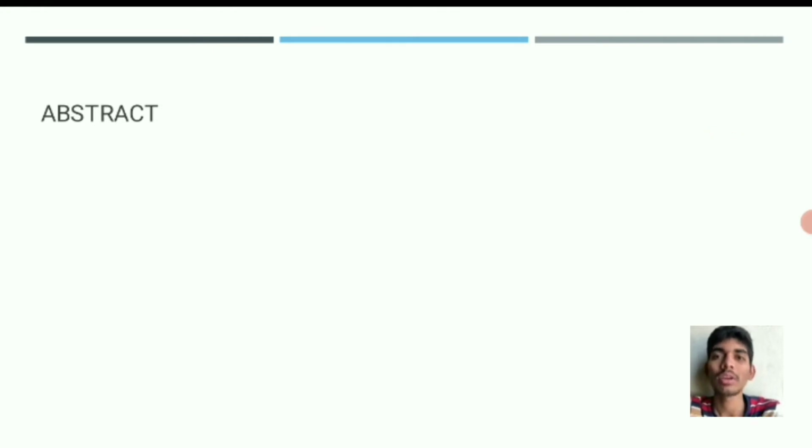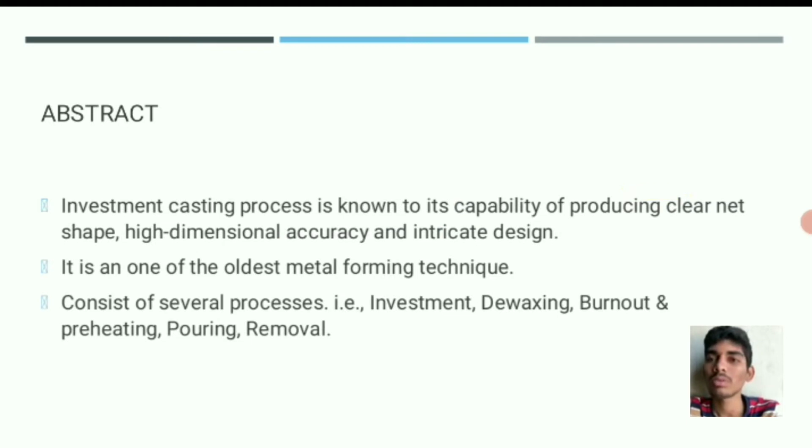Abstract. The investment casting process is known for its capability of producing clear net shape, high dimensional accuracy, and integrated design.